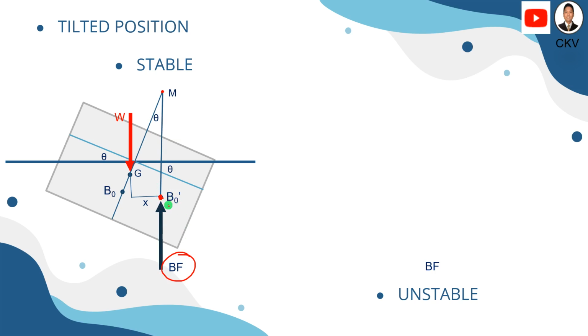So we just put a symbol BO prime here for the new position of the center of buoyancy of the buoyant force. Again, this BO here is the initial position, and this BO prime here is our new center of buoyancy.